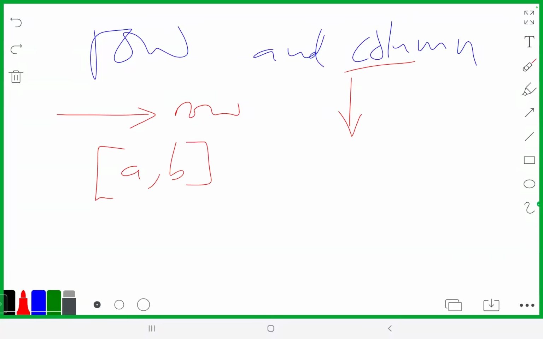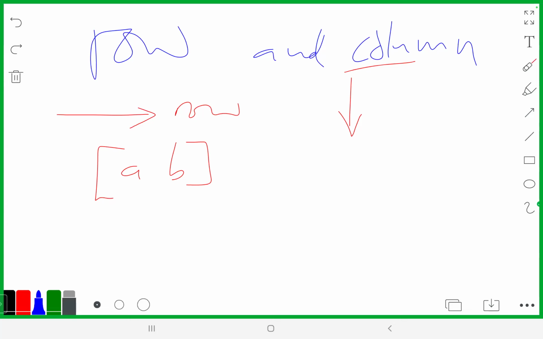The name of this matrix will be, you count the number of rows that are here. How many rows are here? Turn on your mic. How many rows are here in this matrix? Kindly turn on your mic and answer.